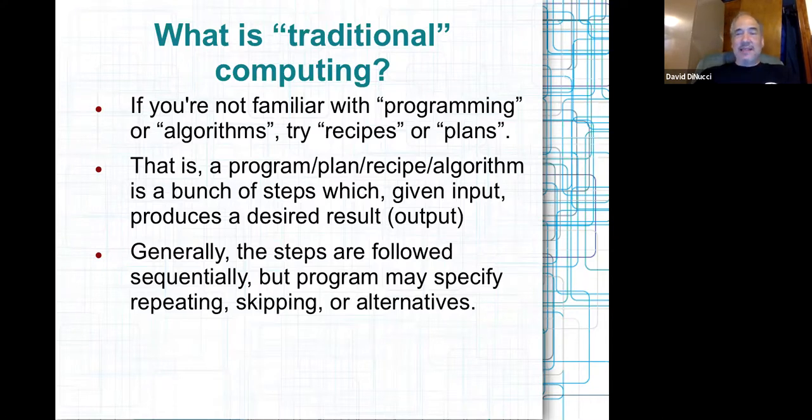The recipe might say, if you don't have buttermilk, you can use milk and lemon juice or something. That's an example of an alternative. All these things that you recognize as recipes or plans are very much the same thing as you get with programming and algorithms. It's just steps to follow. They're generally sequential steps. The program can specify repeating, skipping, or alternatives.